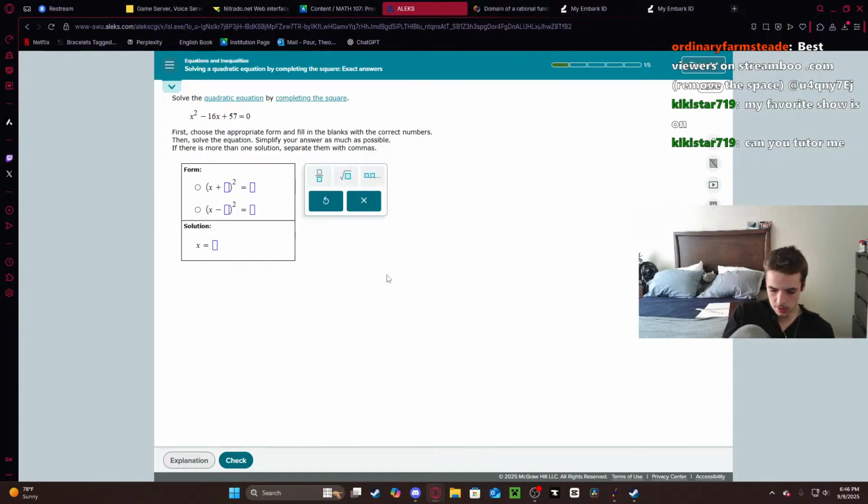Which gets you to x minus 8 squared equals 13, which means your solution is x equals 8 plus square root 13, 8 minus square root 13. Check.